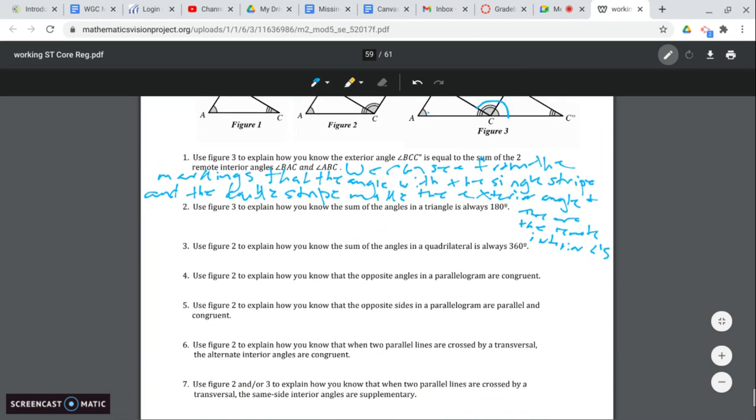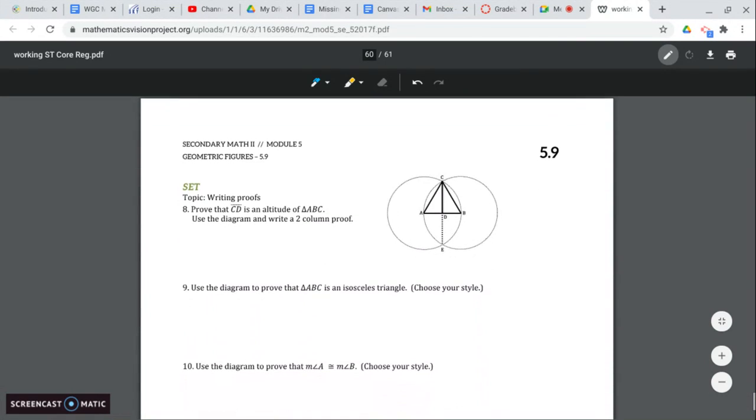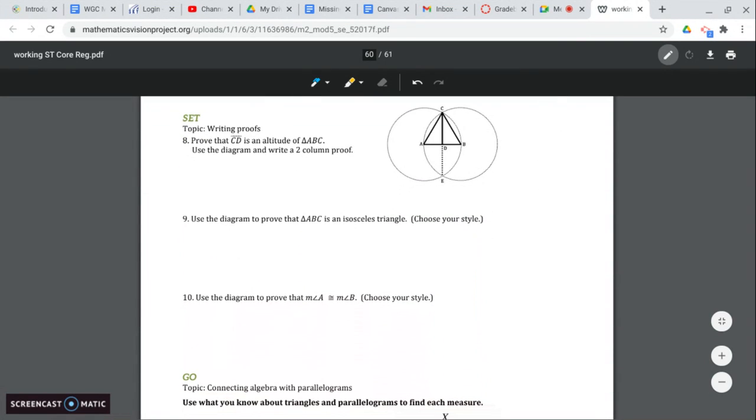All right. Writing proofs. So we've got a few proofs here. Prove that line CD is an altitude of triangle ABC. Use the diagram and write a 2-column proof.